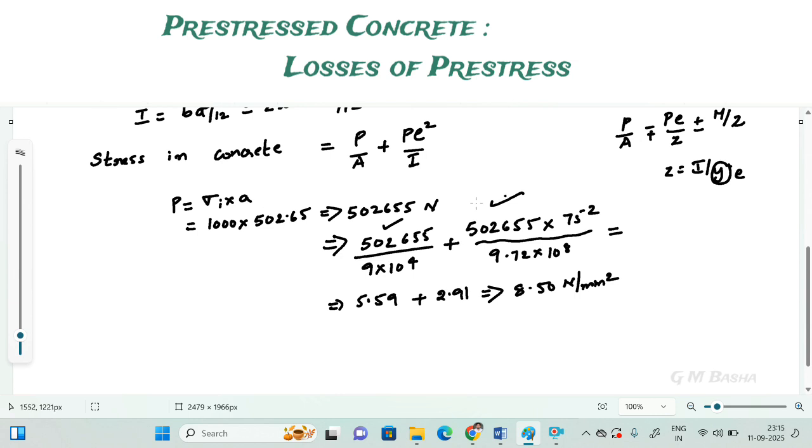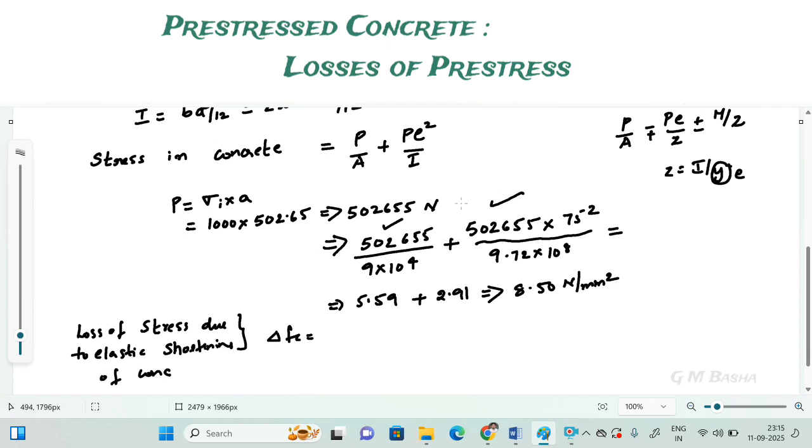So the formula will be delta Fc equal to loss of stress due to elastic shortening of concrete.